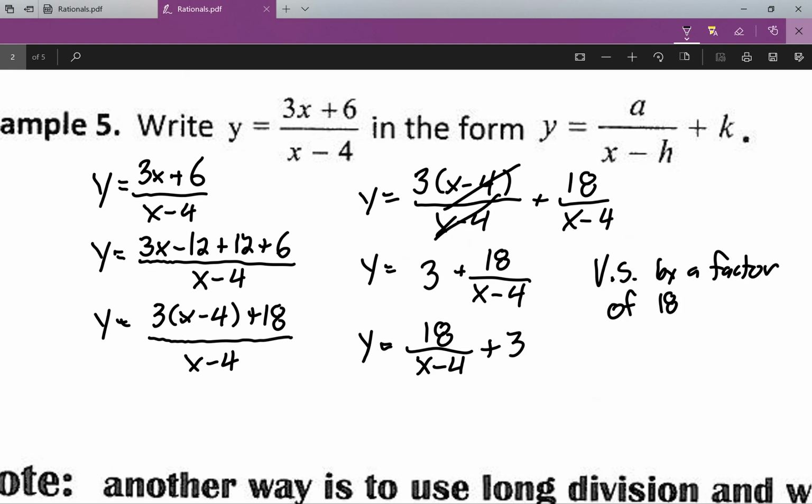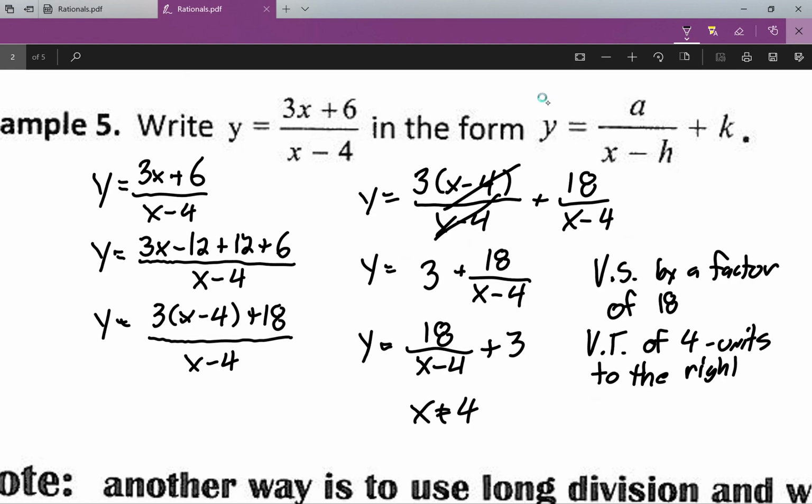I see that I have the x minus 4, so that gives me the non-permissible value that x does not equal 4. And that also tells me that I have a horizontal translation of 4 units to the right. Or rather, my vertical asymptote has moved 4 units to the right.